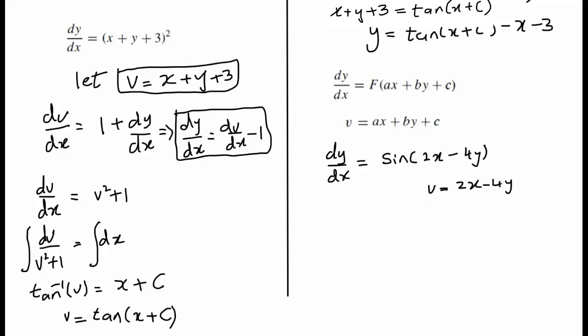It should convert this into a separable differential equation. Another example could be dy/dx equals the exponential of 3x plus 2y minus 1. The substitution here would be v equals 3x plus 2y minus 1. That substitution should work.